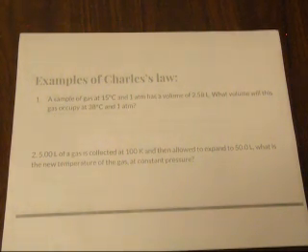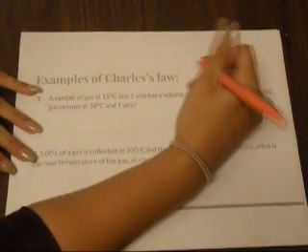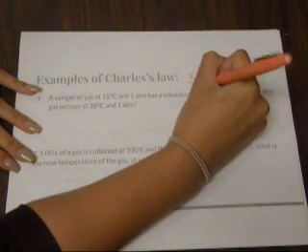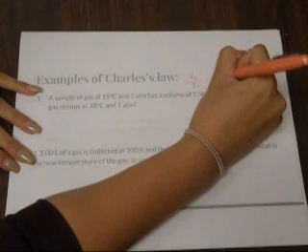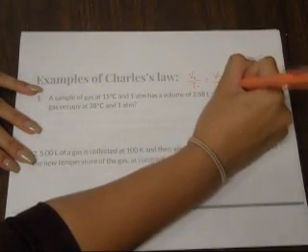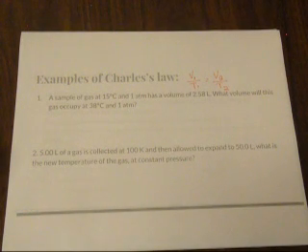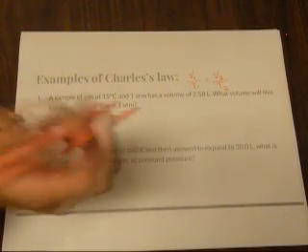So the first thing that we are going to do is write the law. So Charles' law is V1 over T1 equals V2 over T2. So next we are going to identify our values.